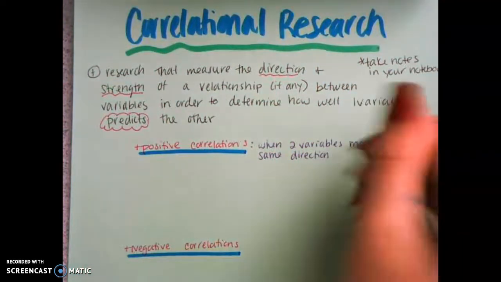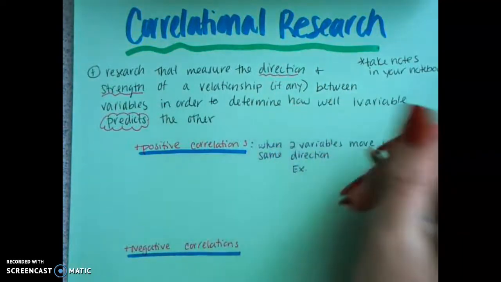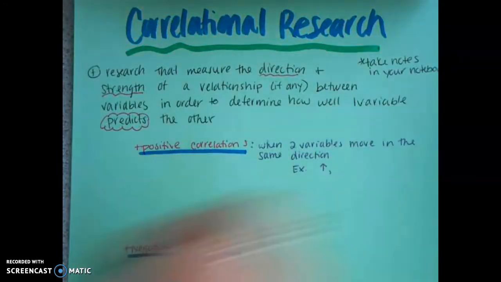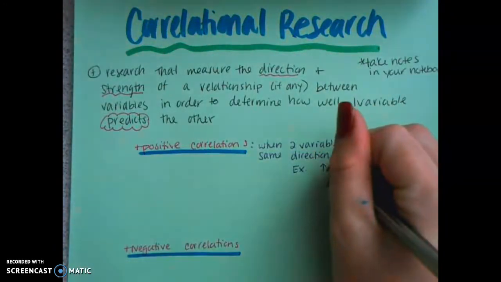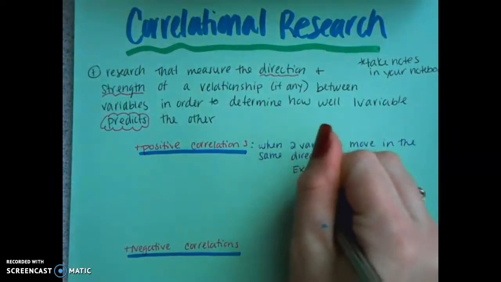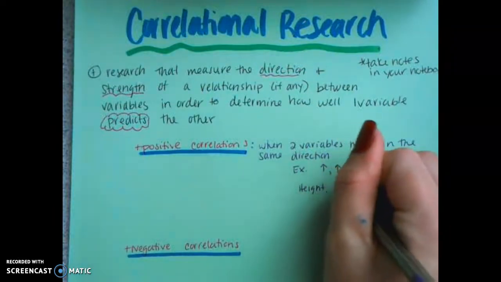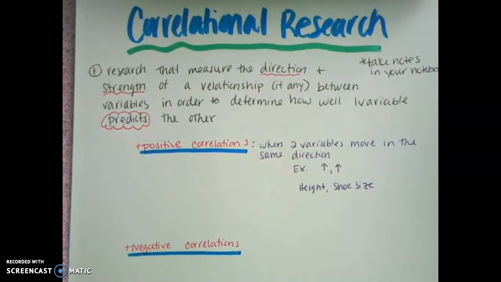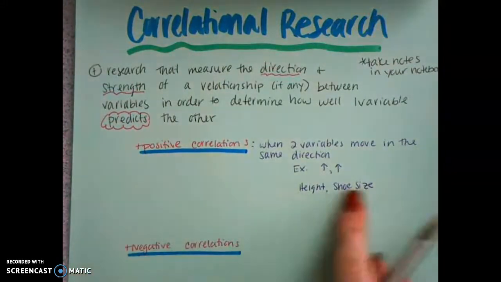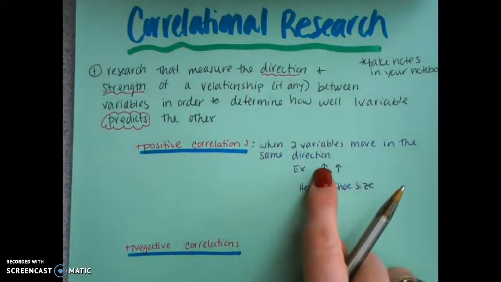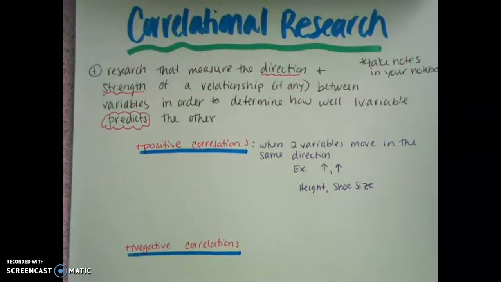So what that means is, in this example, when one variable goes up, so when one variable increases, let's say your height, as your height increases, the other variable, let's say shoe size, also goes up. So if variable 1 is height and variable 2 is shoe size, if we found a positive correlation by gathering data, it would indicate that as someone gets taller, as height goes up, then their shoe size would also increase.